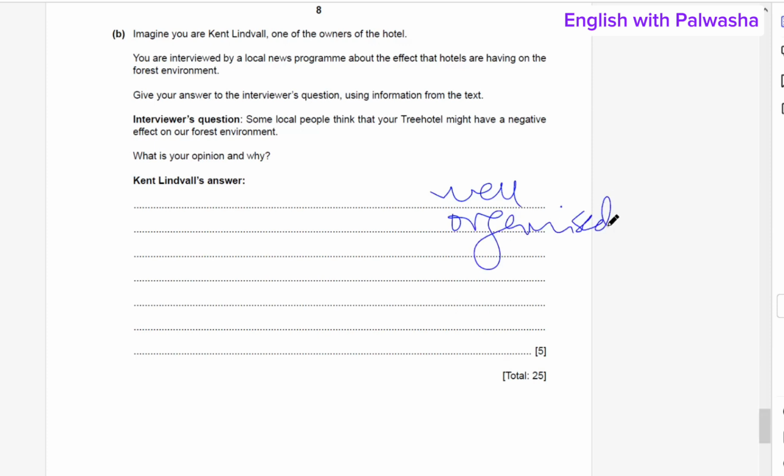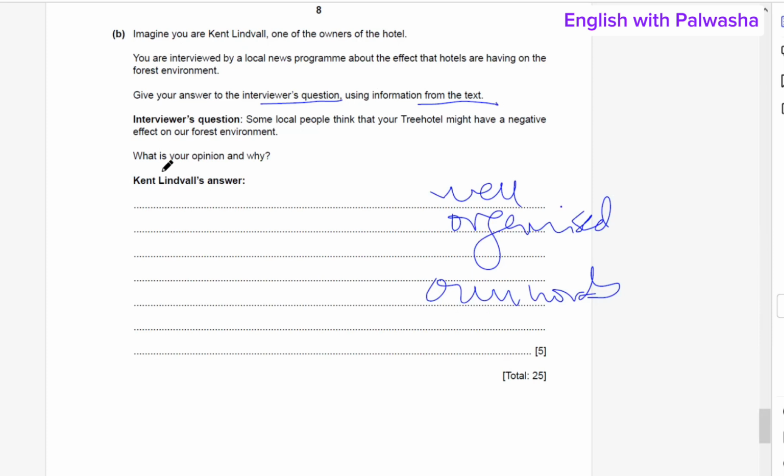Well organized, and it should be in your own words or structures, as I told you. So imagine you are Ken Lindwell, one of the owners of the hotel. You are interviewed by a local news program about the effect that hotels are having on the forest environment. Give your answer to the interviewer's question using information from the text.